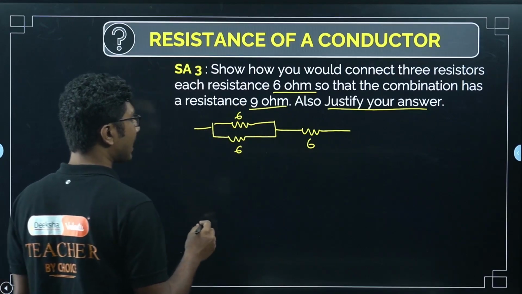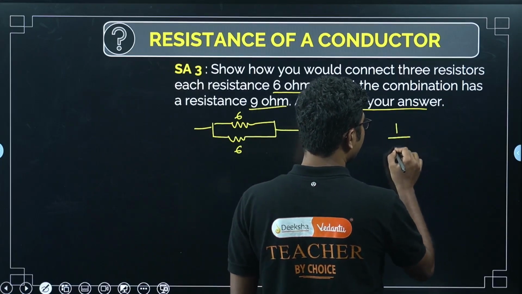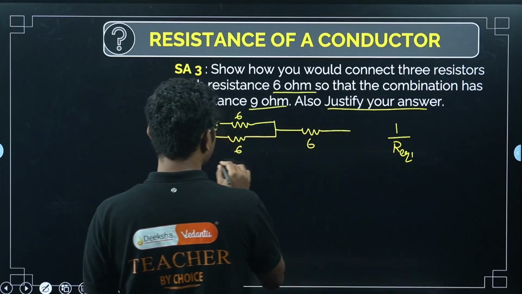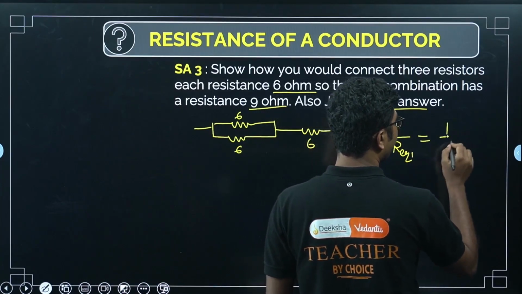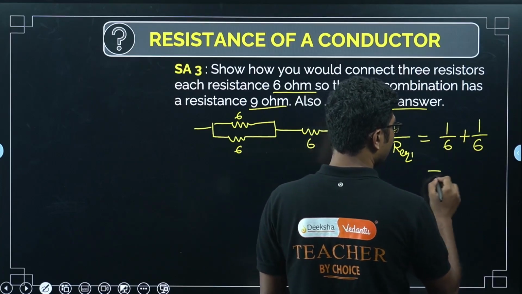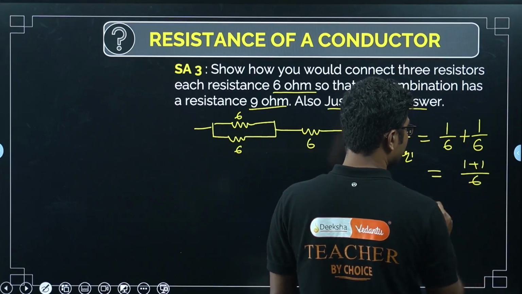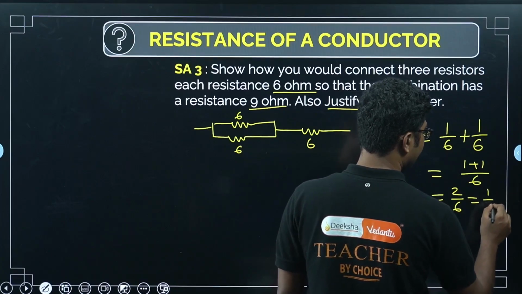For 2 resistors in parallel, you can use the old-fashioned 1 by REQ. Suppose REQ1, we are saying REQ1 because there are multiple combinations. So you can use the old-fashioned way. I will teach you one shortcut method as well. So it is 1 by 6 plus 1 by 6, so it will be 2 by 6 equals 1 by 3.